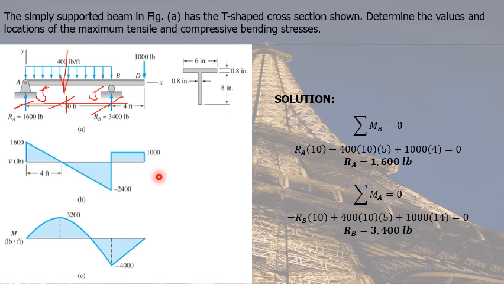Again, you can countercheck whether RA and RB are correct by having summation Fy equal to 0. If summation of all vertical forces is equal to 0, then RA and RB are indeed correct. Now I want you again to solve for summation Fy equal to 0.